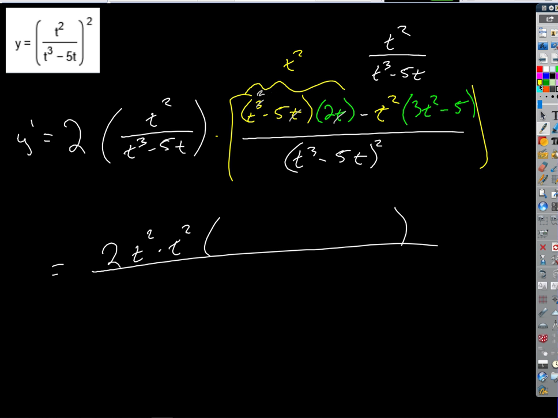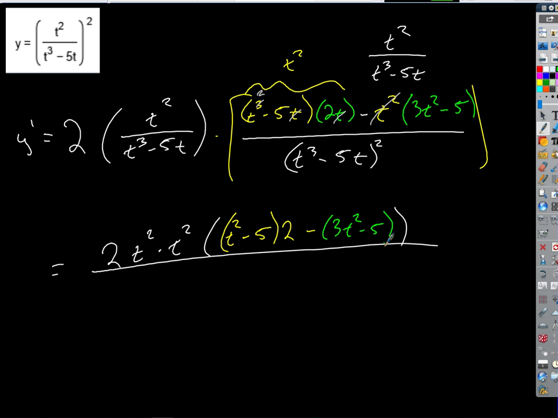So I'd be left with t squared minus 5 times 2 minus, and I took a t squared out of this guy too, right? So he's gone. Minus 3t squared minus 5. That's everything on the top, right? If I factor a t squared out of this guy and a t squared out of this guy.